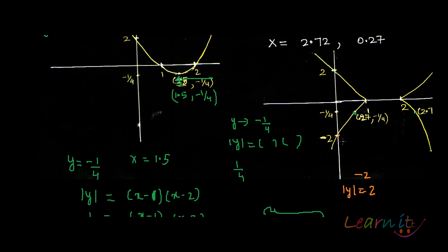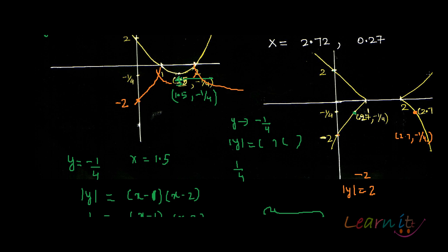So the turn that we have here in this parabola will actually get inverted into a turn like this, cutting the y-axis at minus 2, and of course as we have this, the curve will be like this. So this point is essentially (2.7, minus 1 by 4).